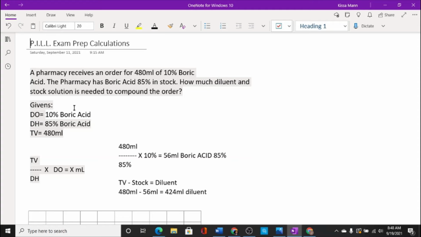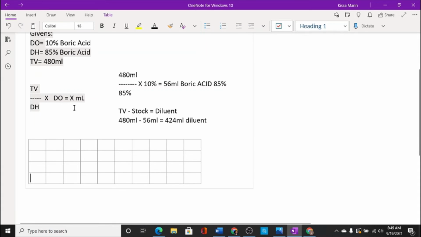Being that it says diluent and we're to assume that the concentration of the diluent has no effect on our 85% stock boric acid, we can assume that the percentage is 0. So taking that assumption and placing it into an alligation equation, we would place our higher percentage on top, our lower percentage on bottom, and then our desired percentage in the middle of our tic-tac-toe table.